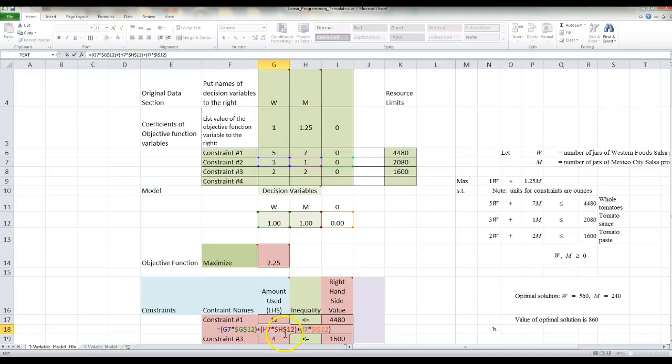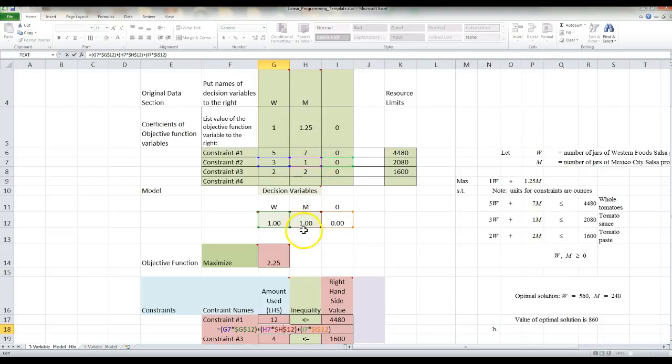So for the second constraint, we're taking the coefficient for the second constraint equation. In this case, it's 3. We're multiplying it by the value in the decision variable cell, which is still G12. And we're adding to that the value in H7, which is 1 in this case, which is the coefficient on M in that second constraint equation.